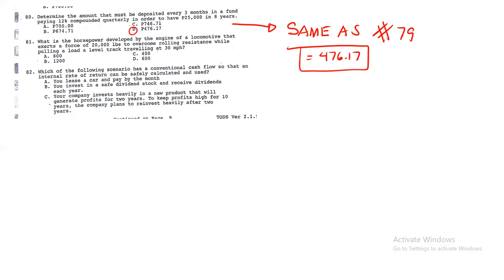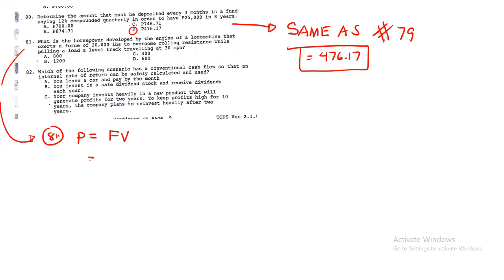So, 81. What is the horsepower developed by the engine of a locomotive that exerts a force of 20,000 pounds to overcome rolling resistance while pulling a level track traveling at 30 mph? Paano itong 81? Power is equals to force times velocity.